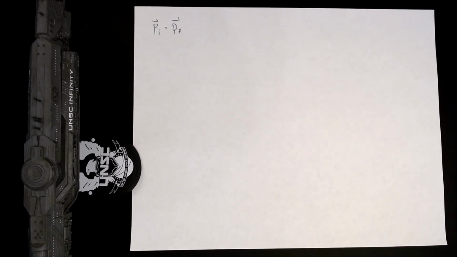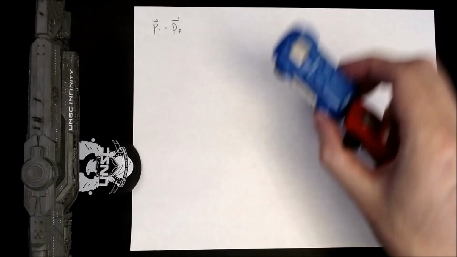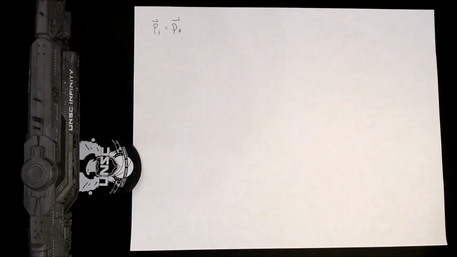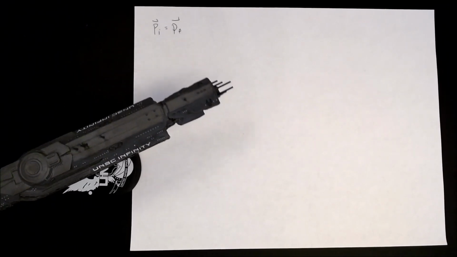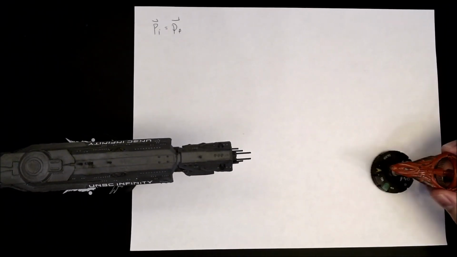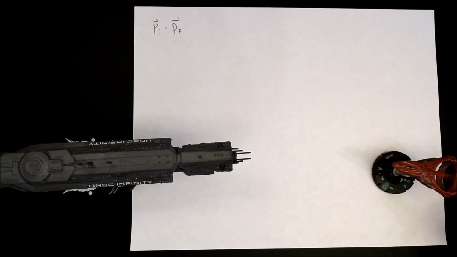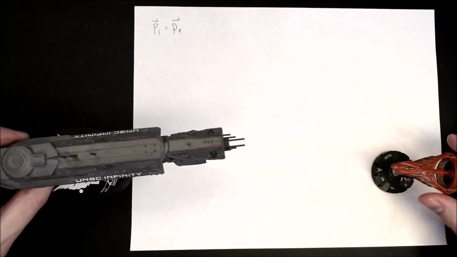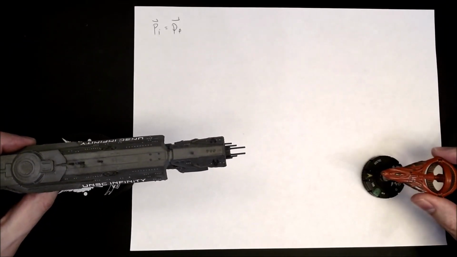First, though, I don't have a nice little smart car and semi. I've got these. So instead of little cars, I've got the UNSC Infinity, and I've got this little Vulcan science vessel. So we've got our 9,000-kilogram semi and our 600-kilogram smart car.